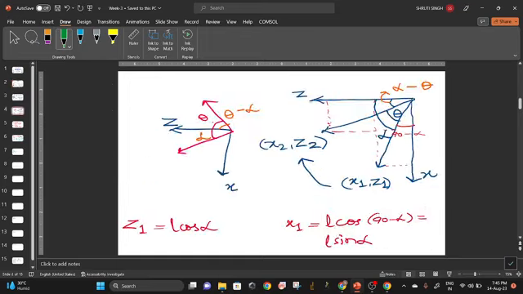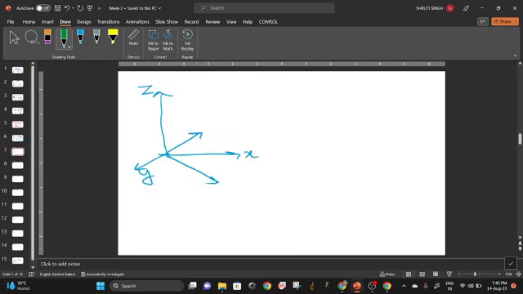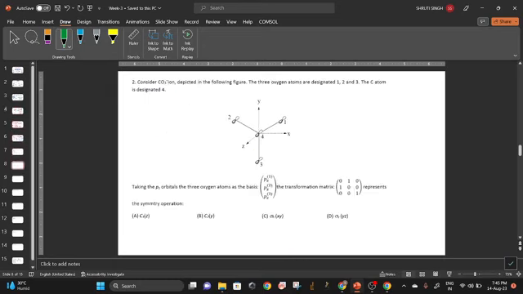Now let's move to the next one. See, in this one they have given the system. This is the correct coordinate system which they have given.